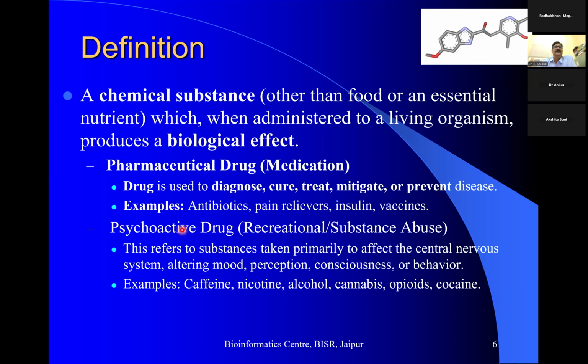Psychoactive drugs refer to substances taken primarily to affect the central nervous system, altering mood, perception, consciousness, or our behavior, like caffeine, nicotine, alcohol, cannabis. So these are two different kinds of drugs.